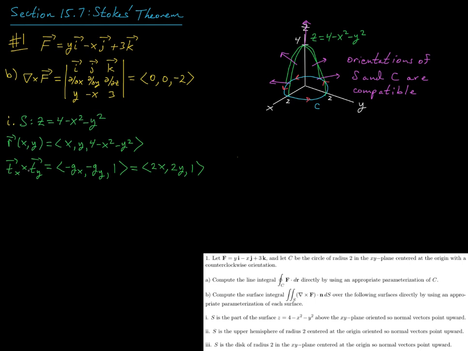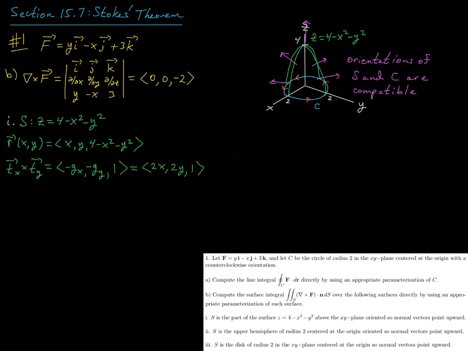And to find the normal vector Tx cross Ty, this is just direct from the table in the surface integral worksheet, right? If I call this expression 4 minus x squared minus y squared g of x,y, then that cross product of these tangent vectors, in other words this normal vector, is minus gx, minus gy, 1. So for this particular function, we'll get 2x, 2y, 1.